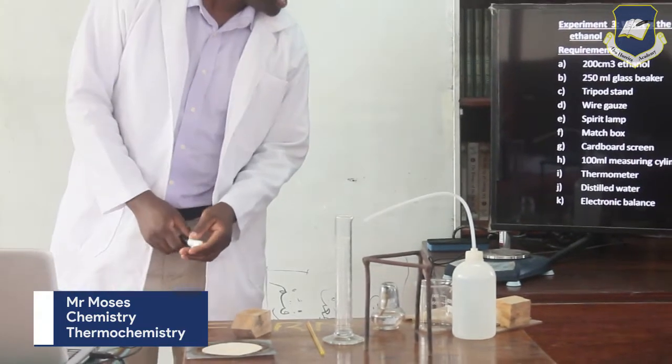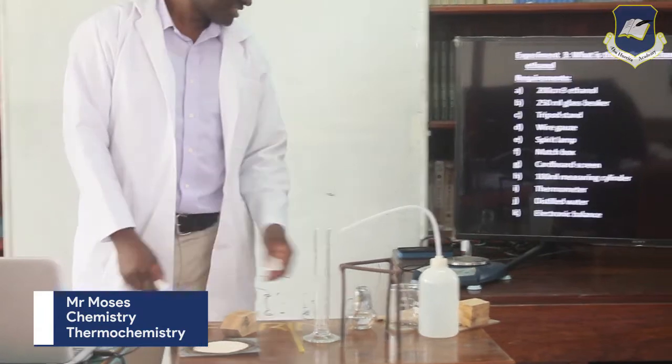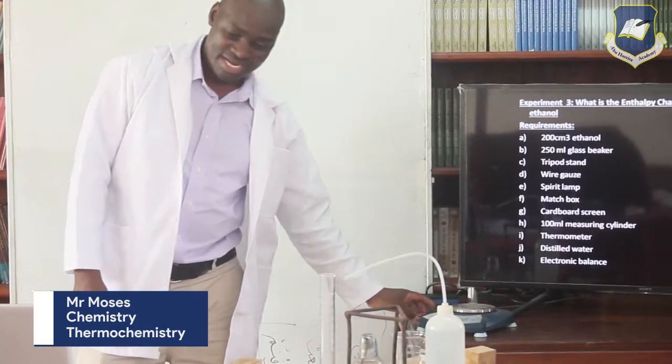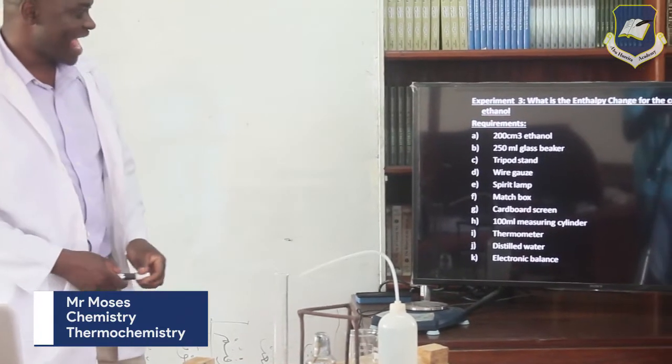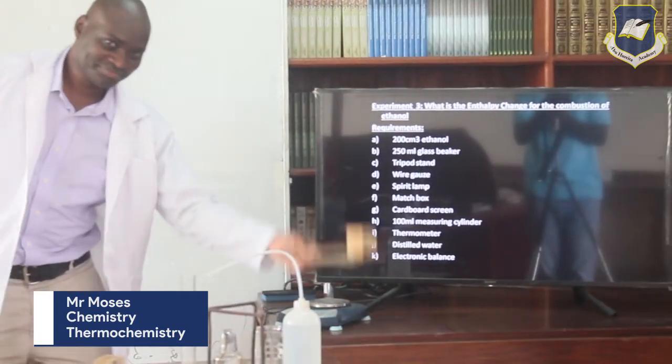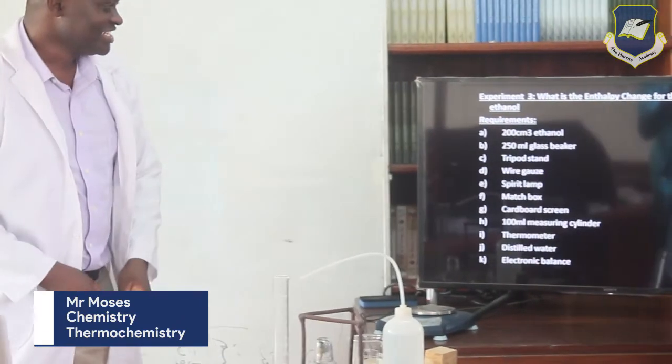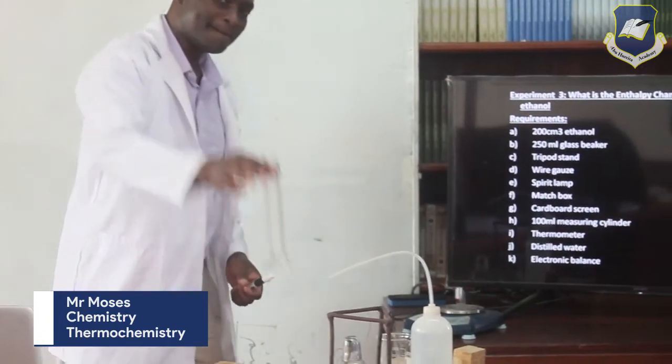We also need a matchbox just for lighting our spirit lamp. Then we also need a cardboard screen. This is my cardboard screen. Another thing that we need is a 100 ml measuring cylinder.